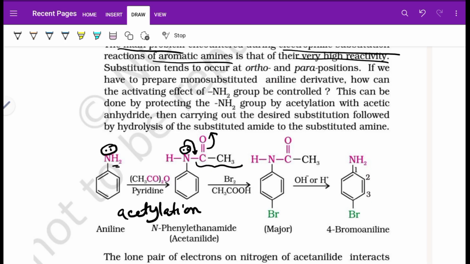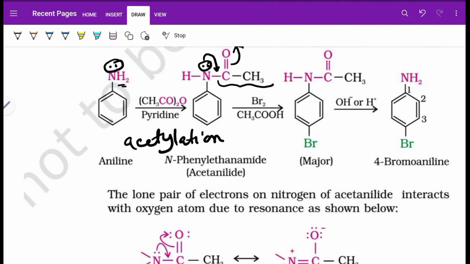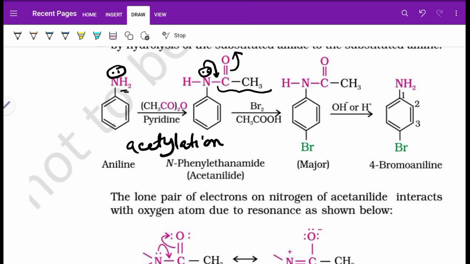I will not say the electron density in the benzene ring is not there, but it is somewhat reduced on account of external conjugation. That is, outside the benzene ring, the electron density is reduced and it moves away from the benzene ring to some extent. So this is known as a blocking method.